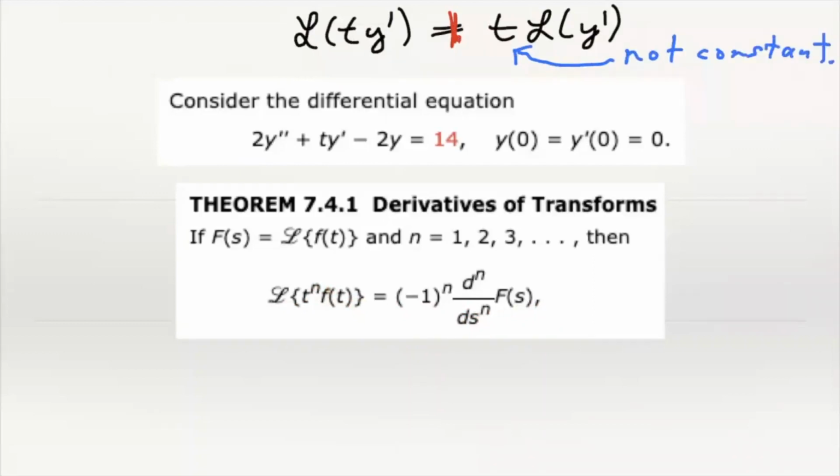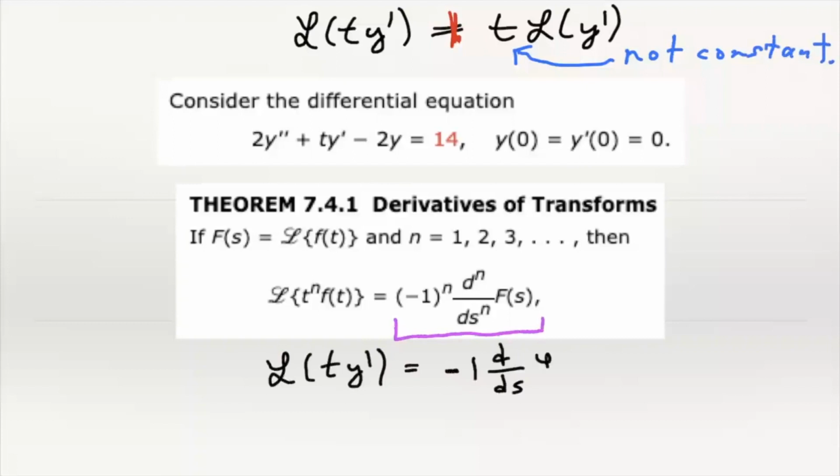You cannot pull it out. What the Laplace transform of t times y prime is by this theorem, -1 times d/ds of the Laplace transform of y prime. So this is the key aspect of the problem.